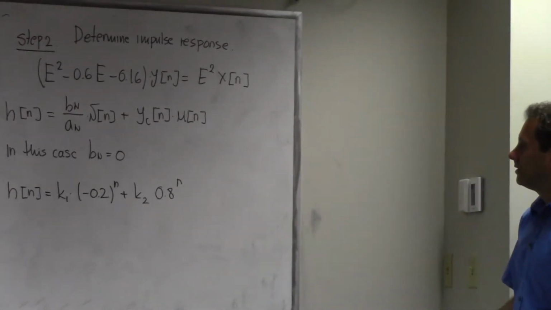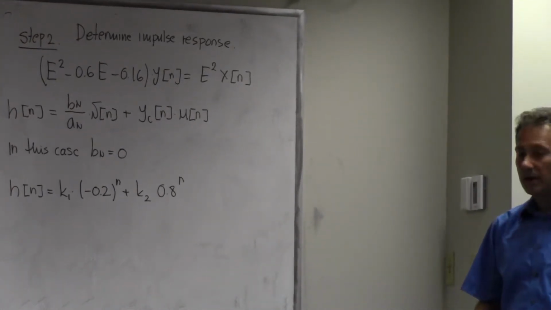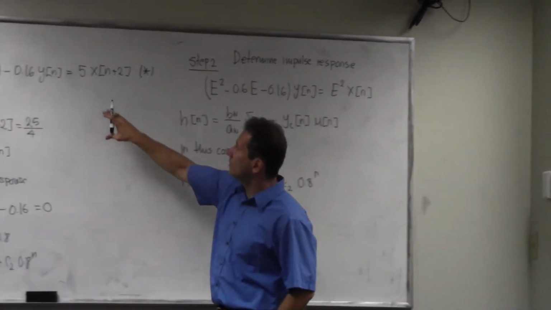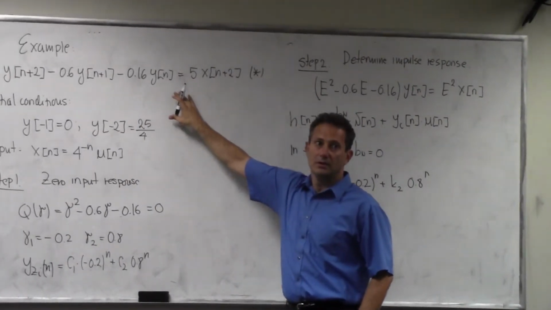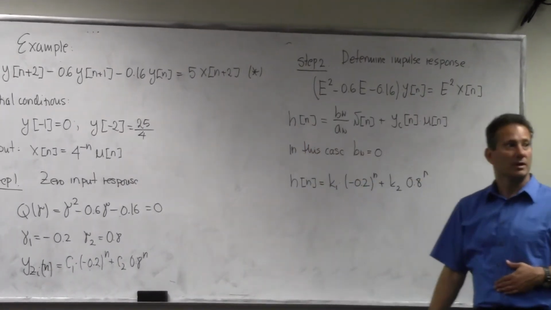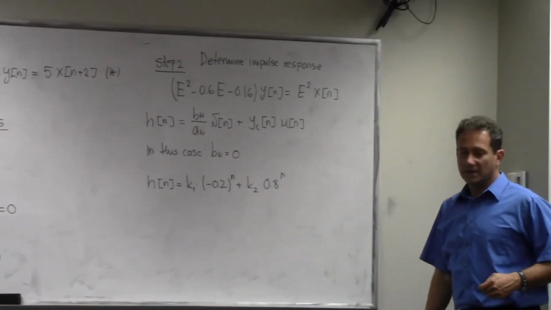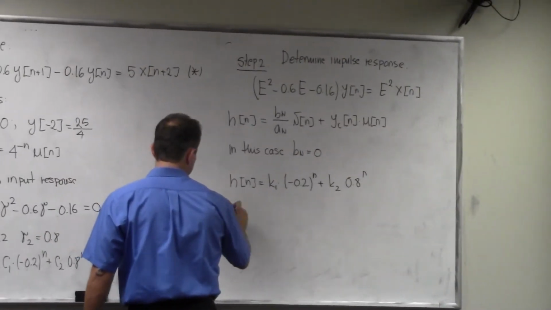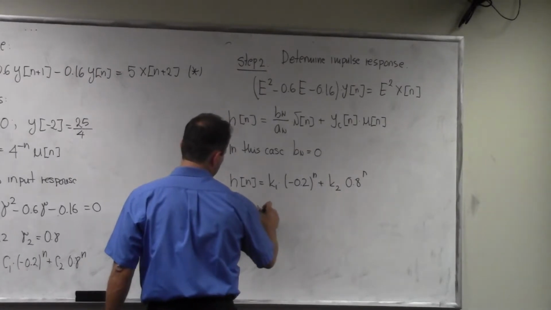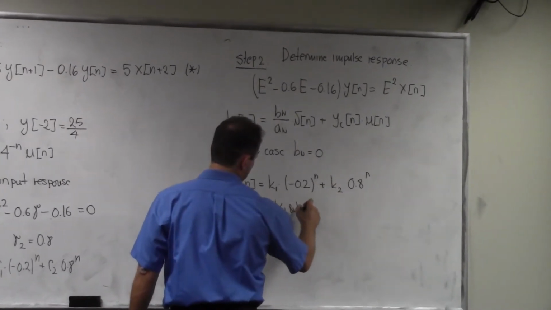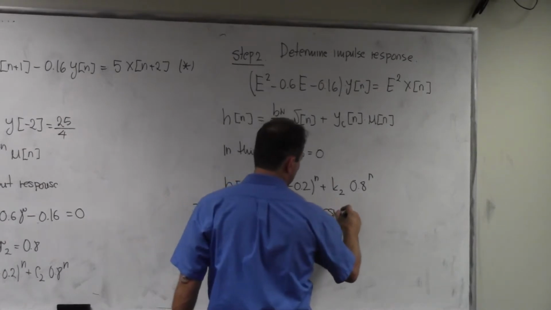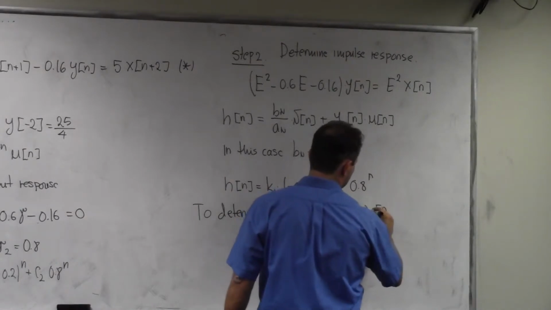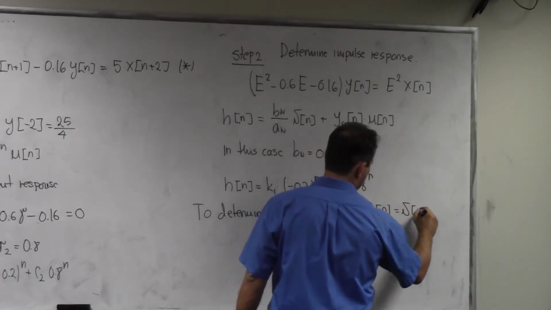Now, how do we determine K1 and K2? We have to determine K1 and K2 by a recursive evaluation of this equation for x equal to delta of n. We need to create initial conditions for the impulse response. So to determine K1 and K2, we assume h of n, with x of n equal to delta of n.